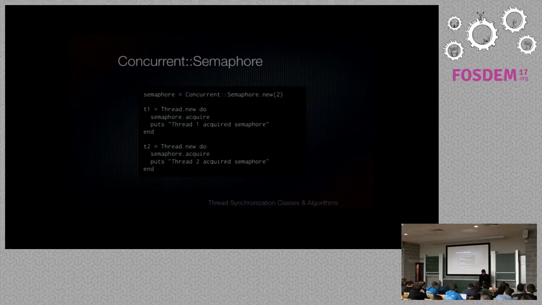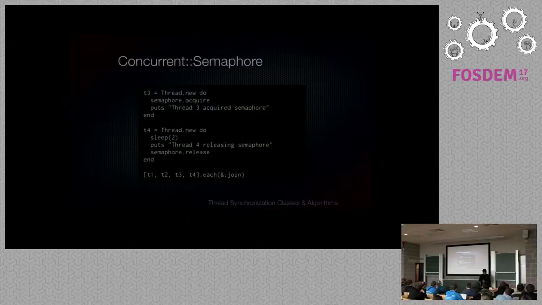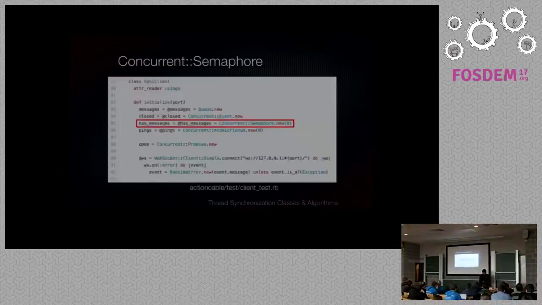If the count is reached, then until another thread releases the semaphore, any other thread can't acquire it, so it keeps waiting for the semaphore. So it's another way to lock the threads. Rails source code is using concurrent semaphore.